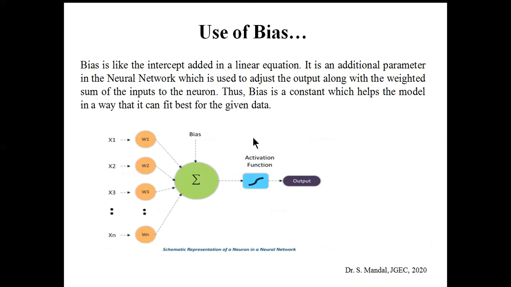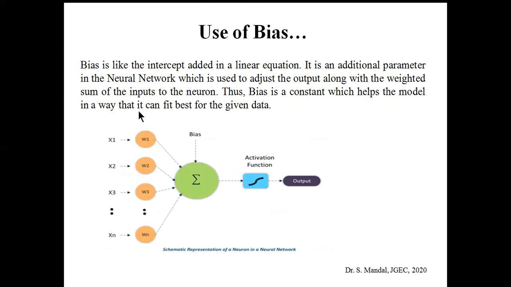Another important feature introduced in the artificial neural network is the use of bias. Normally there are inputs like x1 followed by w1, so the weighted inputs are x1 w1, x2 w2, x3 w3, like this. Apart from these inputs, in the accumulator section another constant is added by default, called the bias.